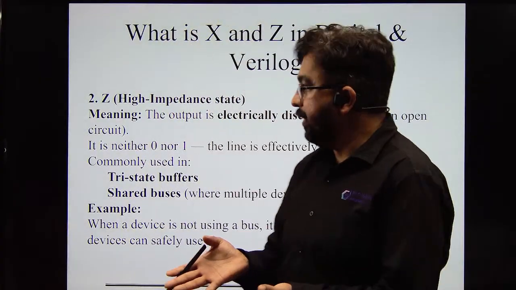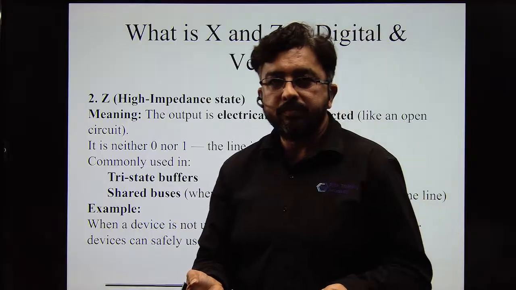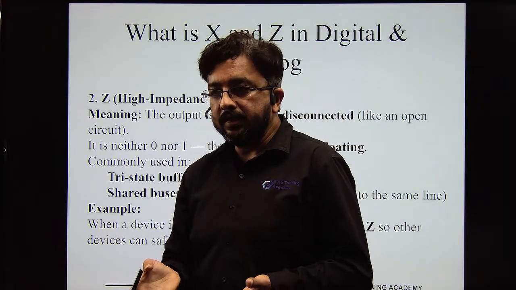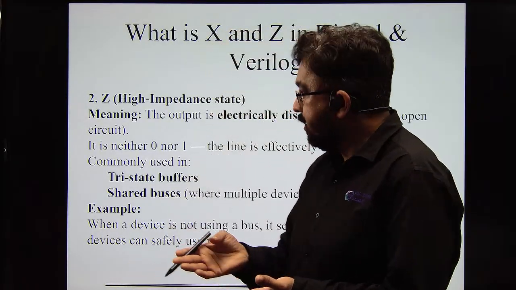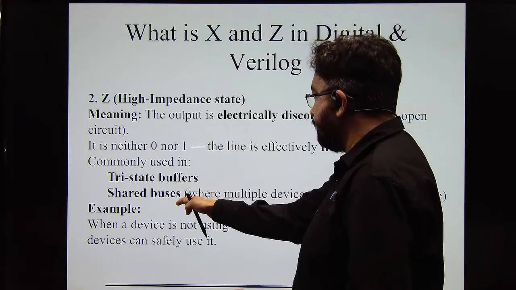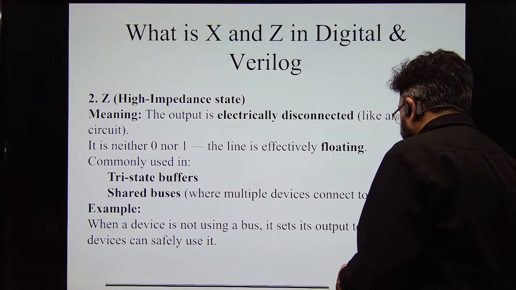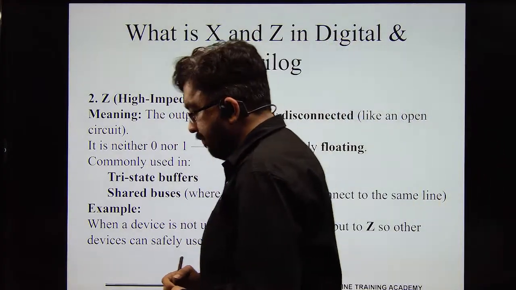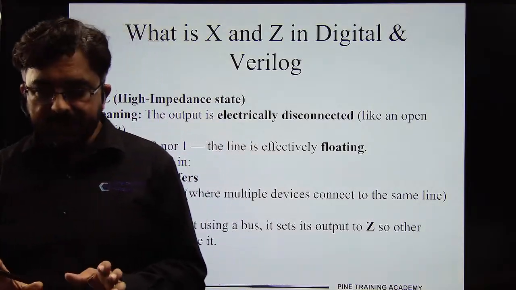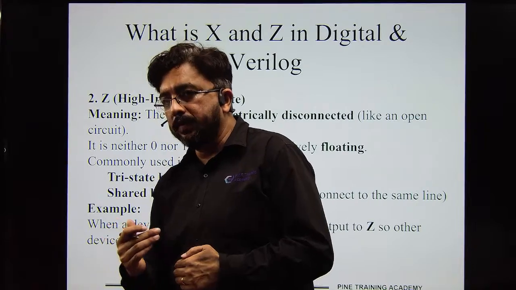We are not aware whether it is a 0 or 1; it is neither 0 nor 1. The line is effectively floating. Tri-state buffer, shared buses: where a device is not using a bus, it sets the output to Z, so other devices can safely use it. This line is again not exactly related to our stuff.